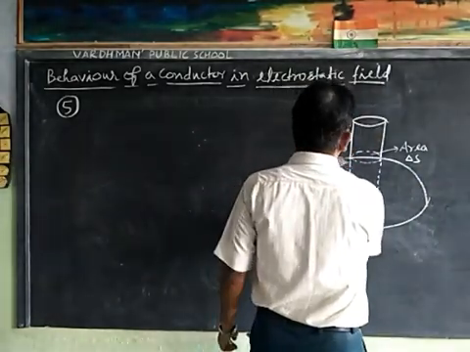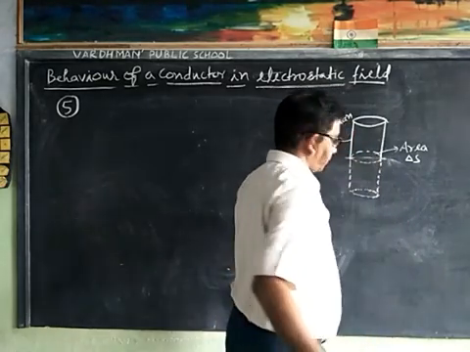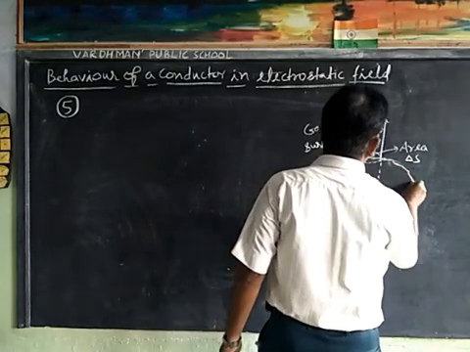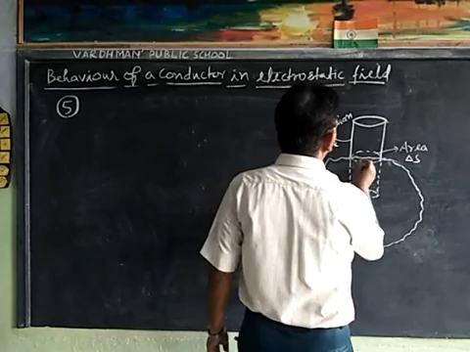We can draw an irregular surface. Suppose this is the irregular surface of the conductor.